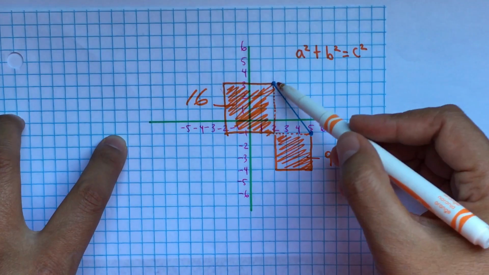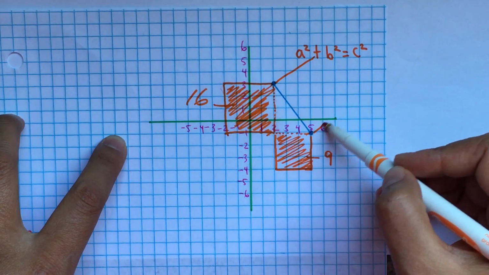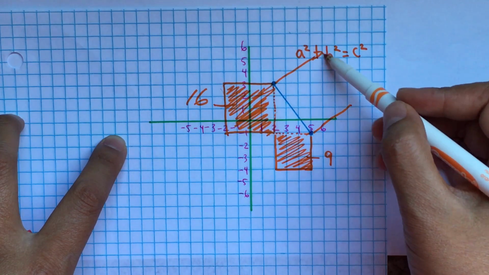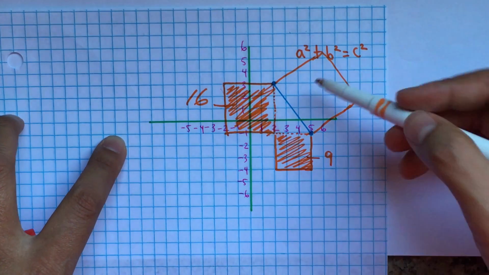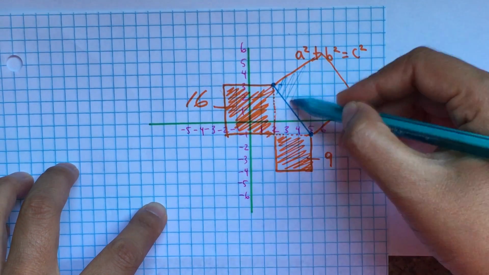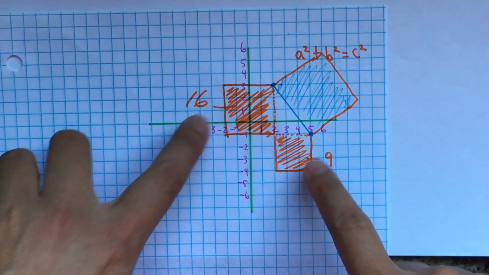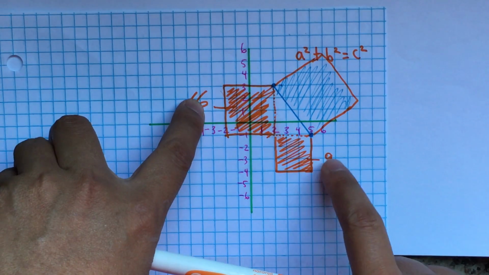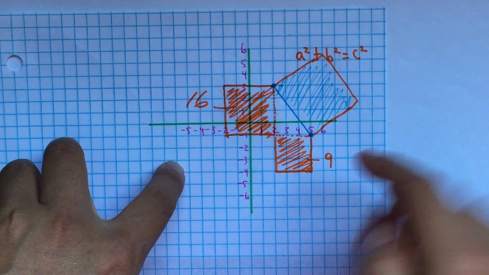And so that means that the area for this, and it's not going to be perfect, but the area for this side should be the addition of these 2 squares. So 16 plus 9 is equal to 25.